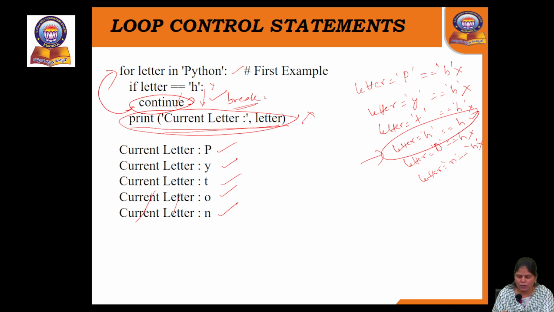So the loop statements will be exited. So up to the T only it will print. As I mentioned, with continue, only for this specific condition the loop statement will not be executed, and for the remaining all it will be executed, and it will be printing the output like this, right?